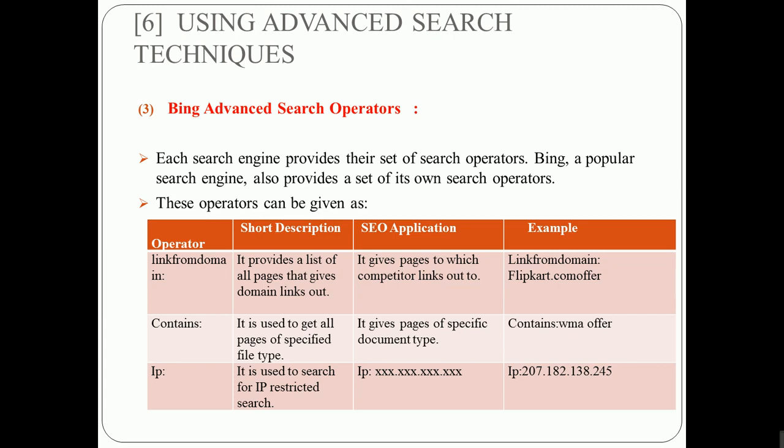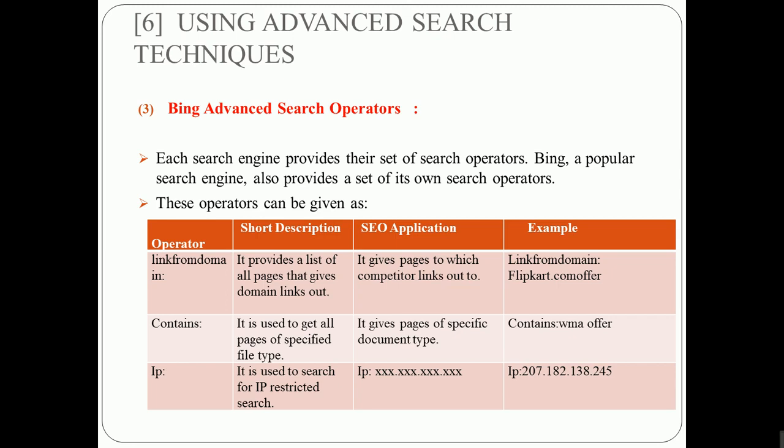We can see the operators, short description of it, SEO application and examples. So first one operator is link from domain. So the link from domain operator gives us a facility, the list of all pages that a domain links out.